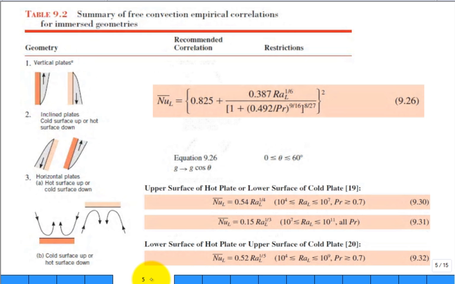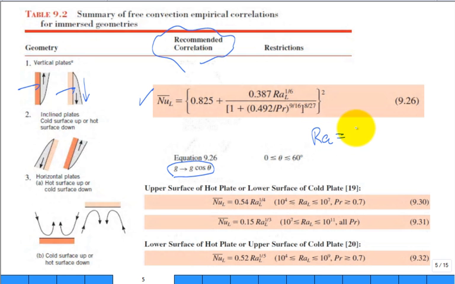There's a lot of correlations. What you do is you find the recommended correlation. If you pick up a different textbook, maybe somebody recommended a different correlation, because a lot of people have published correlations. This would be flow over a hot plate in a cool fluid, or a cool plate in a warm fluid, where the boundary layer would fall. If it has an angle, you modify g in that Rayleigh number.